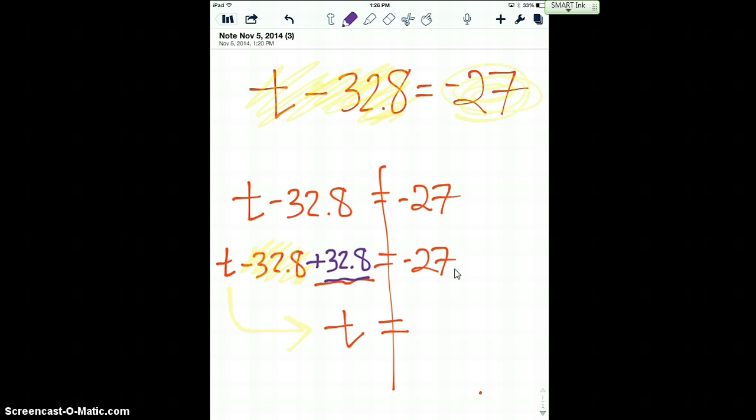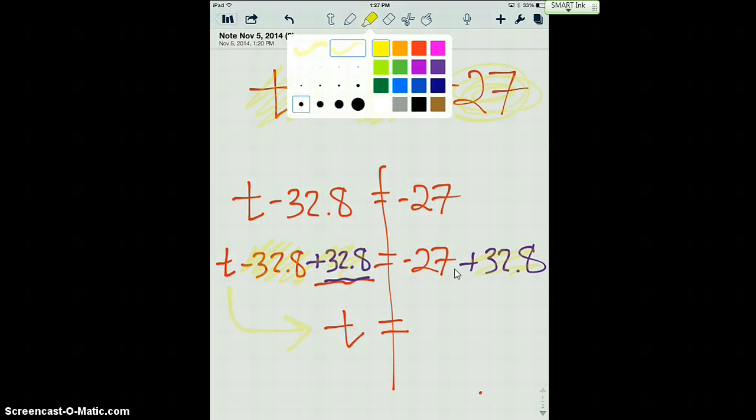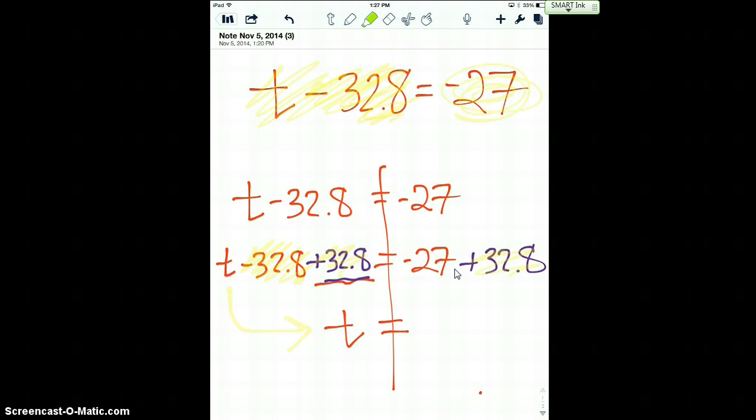So I need to add 32.8 again to this side. Notice I did the same thing to both sides. But simplifying either side is a little different. On the left side, these two numbers are opposites of each other, so that'll just be 0. So t plus 0 is just t. That's why we're left with t.